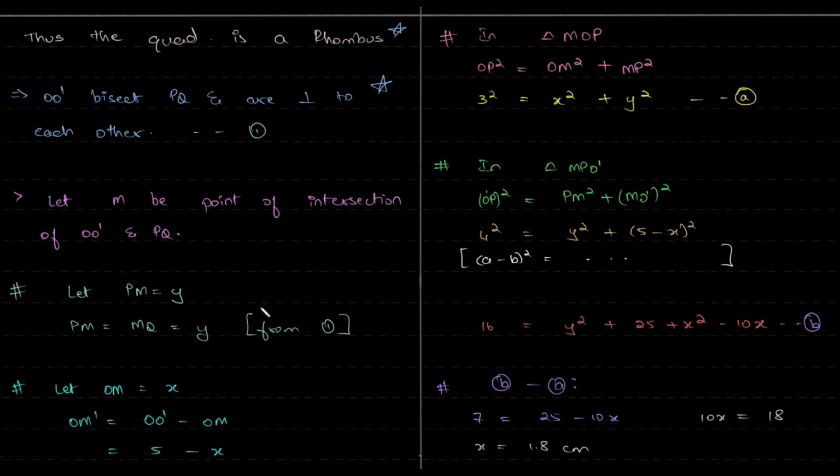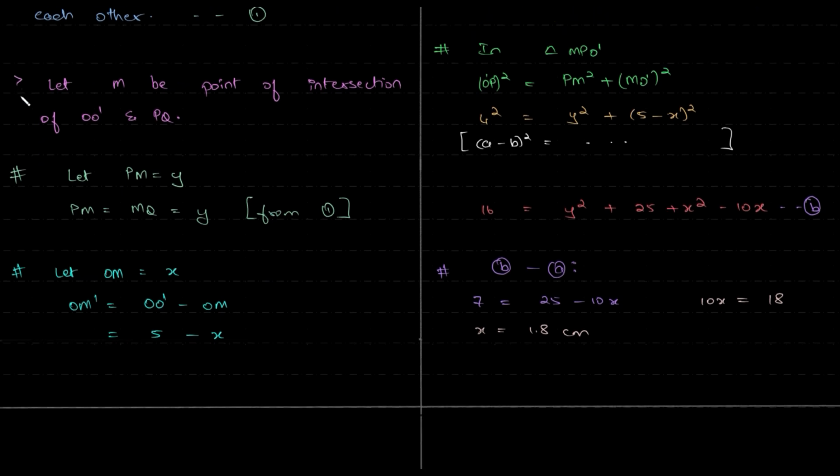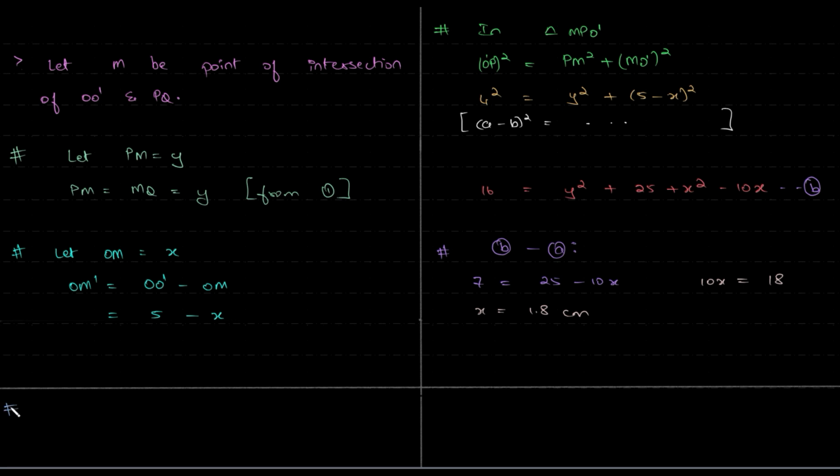And y we can find using substituting in. So we have substituting x in a. So y square is equal to 3 square minus 1.8 square. So this would be 9 minus 1.8 square, how much, guys?